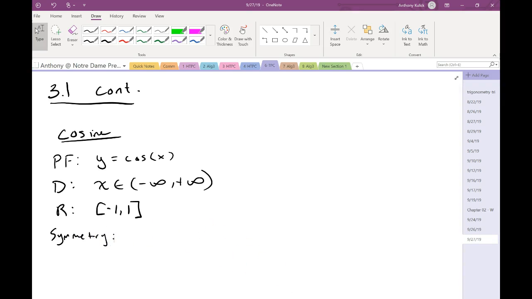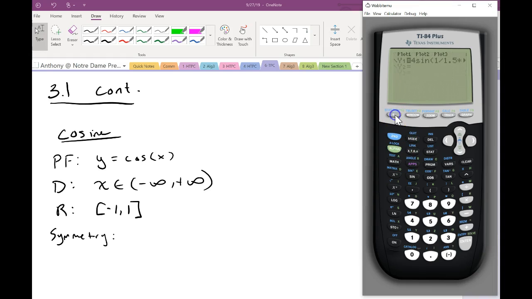Let's look at the graph of cosine real quick so we can see the symmetry visually. So here's the graph of cosine. In chapter 1 we talked about 3 kinds of symmetry: symmetric across the x, symmetric across the y, and then that 180-degree point rotation about the origin.